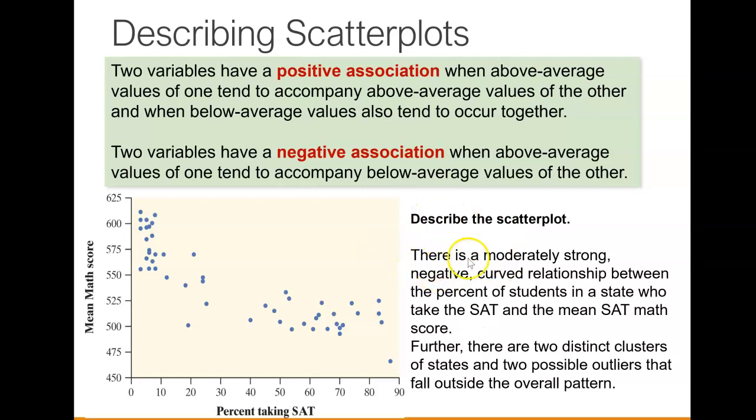So we might say there's a moderately strong negative curved relationship or exponential between the percent of students in the state who take the SAT and the mean SAT math score. Further, there are two distinct clusters of states and two possible outliers that fall outside the overall pattern. What would you say the two possible outliers are?